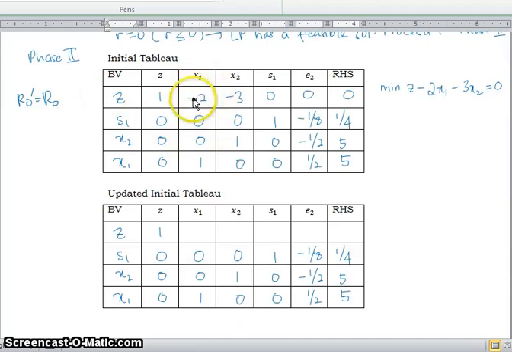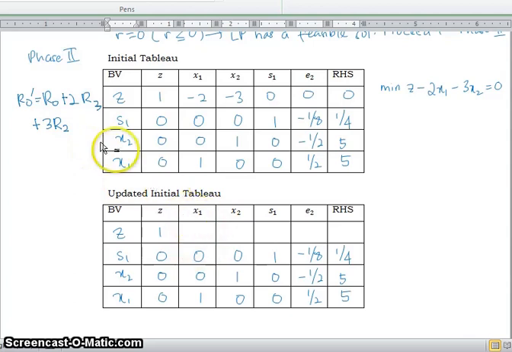The coefficient of x1 is negative 2 and the coefficient of x1 in row 3 is 1, therefore we need to plus 2 times row 3. And to get 0 coefficient for x2 in row 0, we need to plus 3 times row 2.